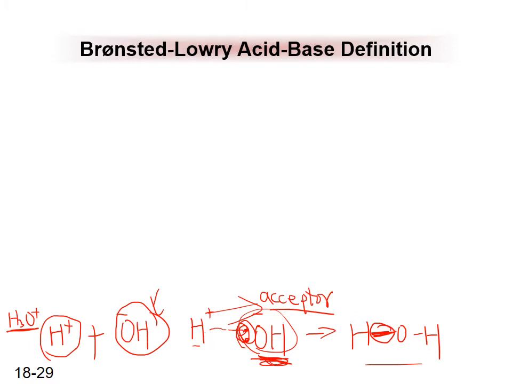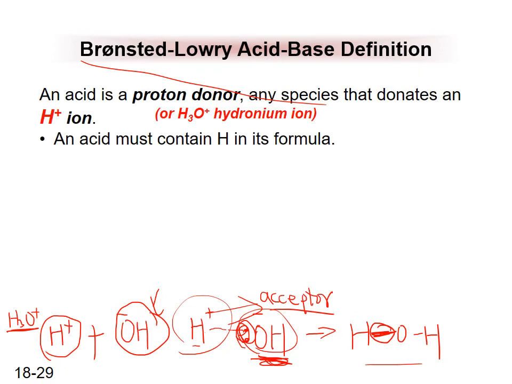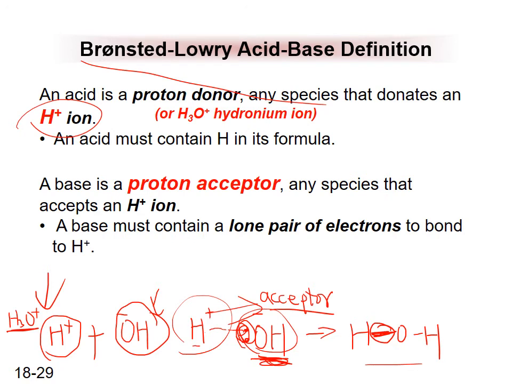Now, are there other anions that can accept a proton? Yes, and that's why in another theory called Bronsted-Lowry theory, we define acid as still the same as Arrhenius theory. That is, an acid is a proton donor, but the base is not just hydroxide, it's a proton acceptor.